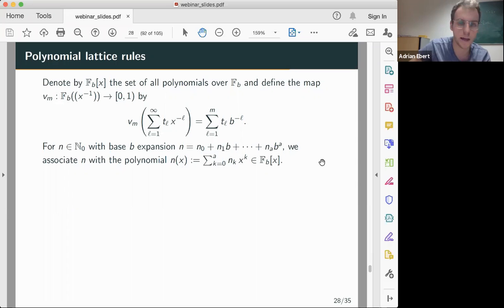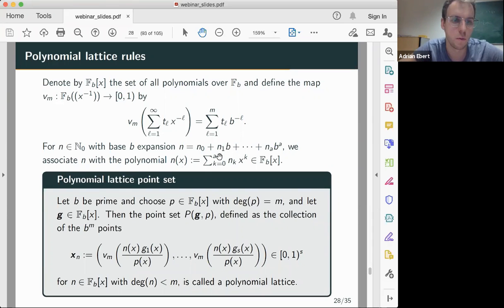Having introduced this notation, we can then define what a polynomial lattice point set is. We fix our base b to be prime, and then choose this polynomial p, which is called the modulus polynomial, that is supposed to have degree m. We also have a generating vector g. I think there's a small mistake here. This should actually be g being in the set F_b[x] to the power of s. So it's again a generating vector whose components are polynomials in F_b[x].